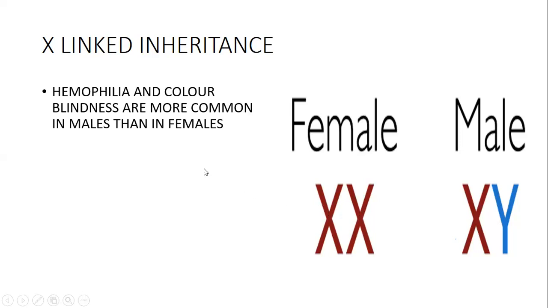Hemophilia and color blindness are recessive characters, not dominant. So even if they are present alone, they cannot be expressed because the other one will show dominance.